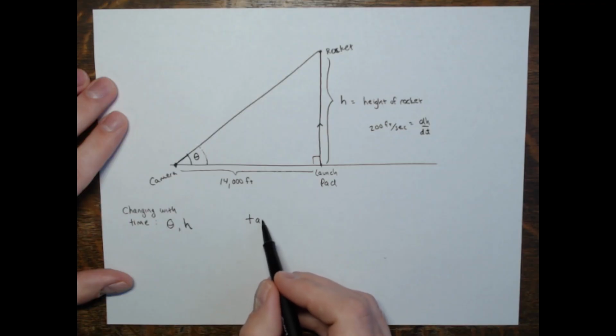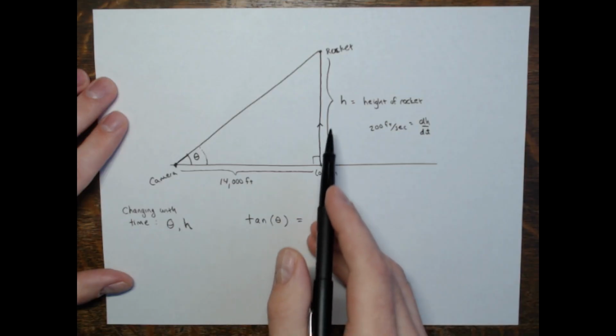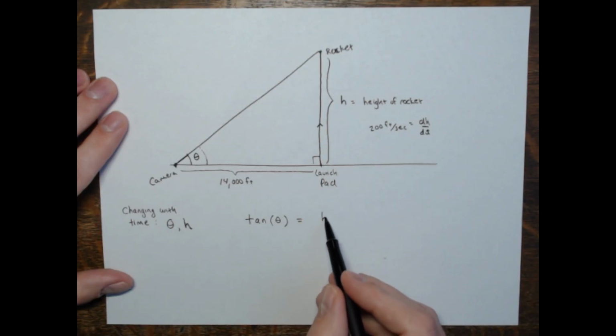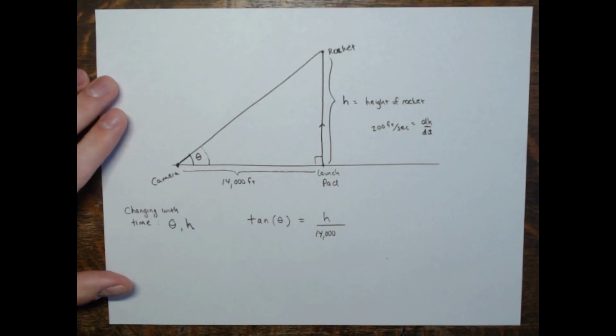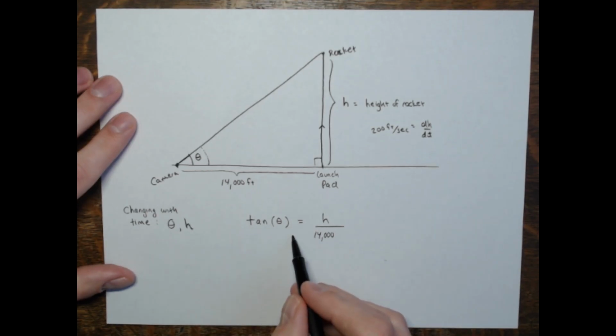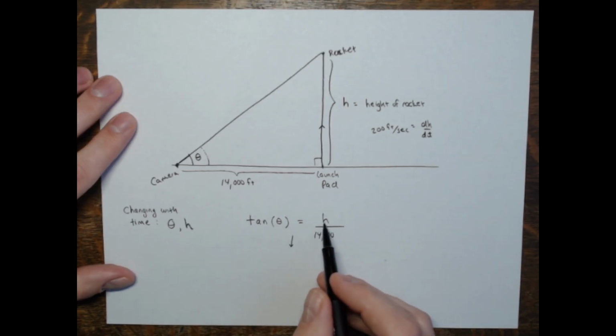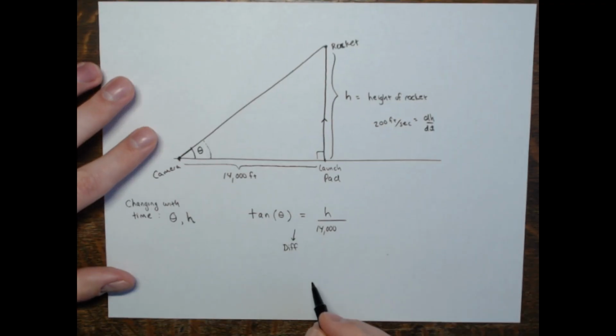So the tangent of theta will always be equal to this height the rocket is off the ground, divided by 14,000. Opposite over adjacent. So there's an equation relating our two quantities that are changing with time. And now I'll differentiate with respect to time.